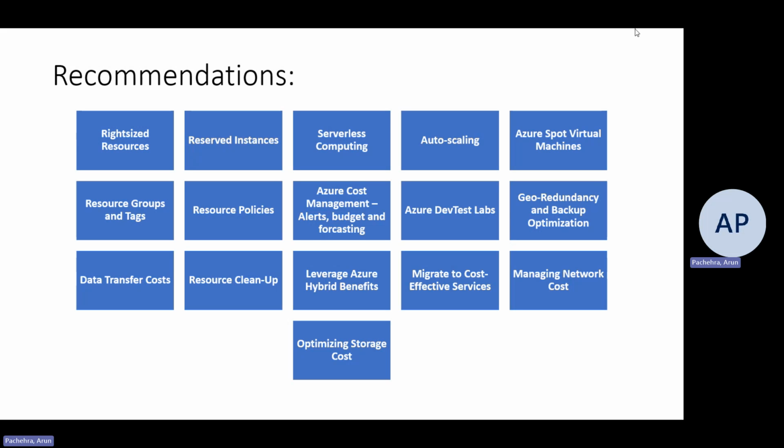Now, another one is auto scaling. We all know how it works. Set up auto scaling rules for not only your virtual machines through VMSS, but you could also utilize Azure App Services with auto scaling or Azure Kubernetes for auto scaling. You have to configure rules to automatically increase or decrease the number of instances based on CPU usage, requests per second, or other metrics.